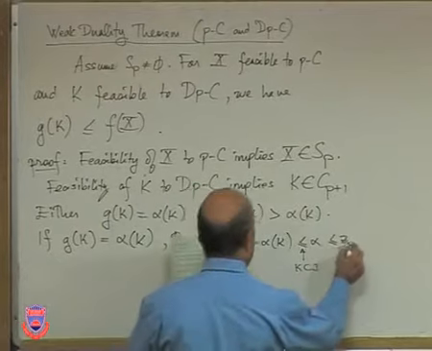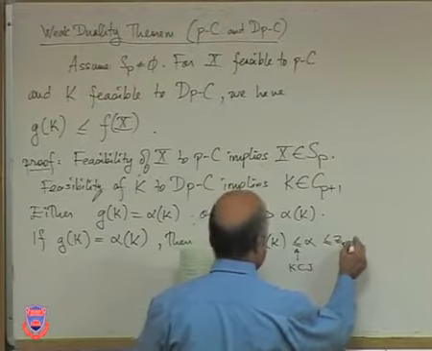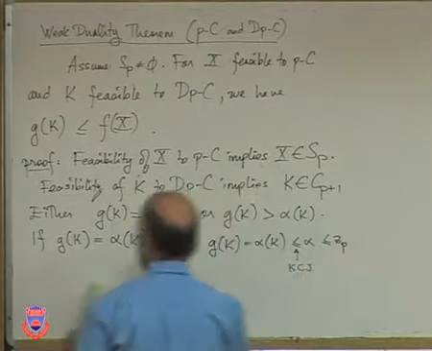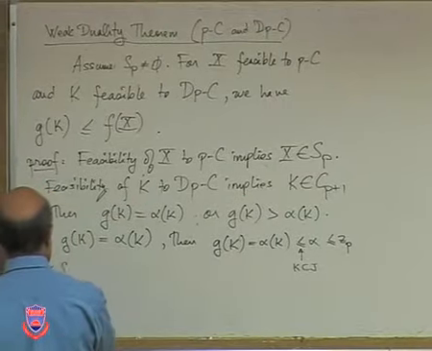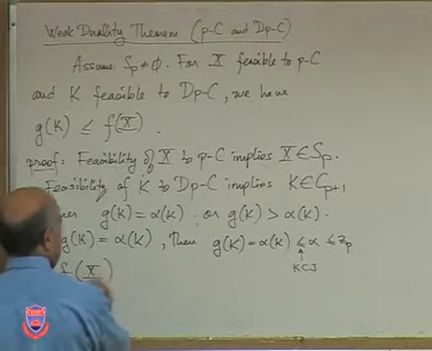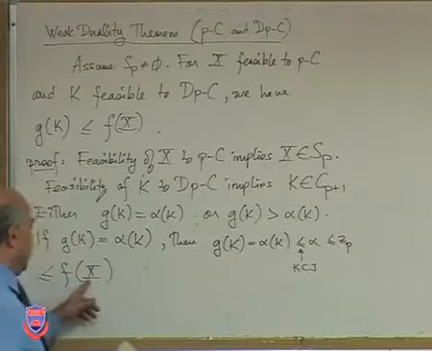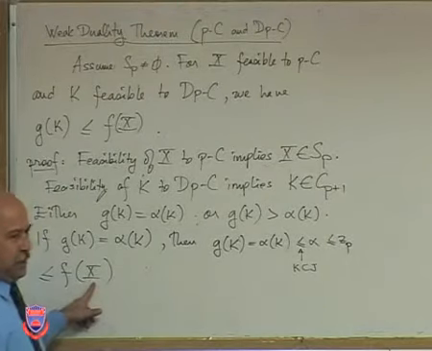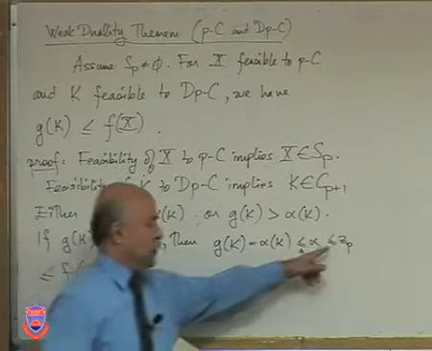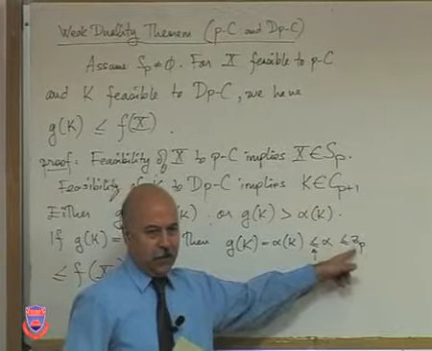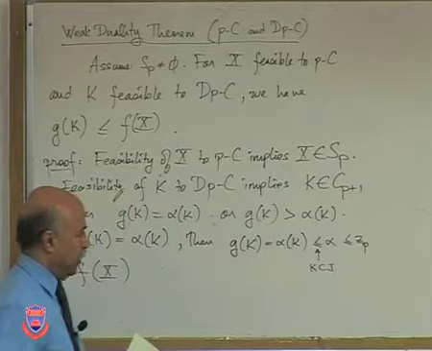Okay, so ZP is less than or equal to f of x. Why? Obviously, because x is any feasible solution, so it must have at least as large a value as the optimum value.